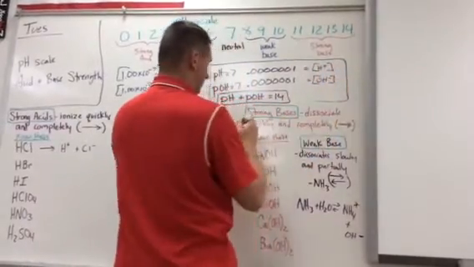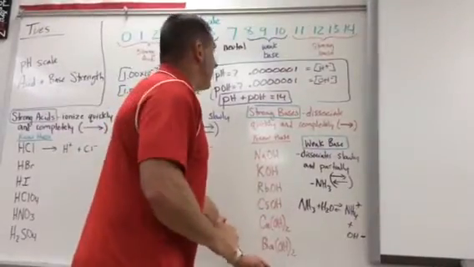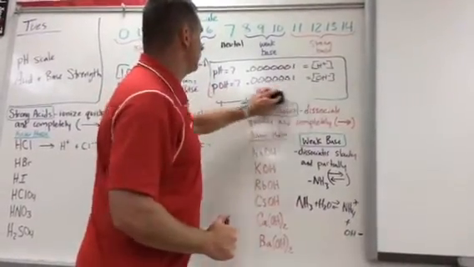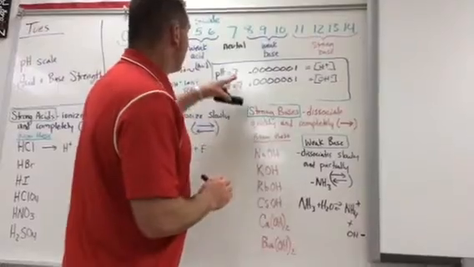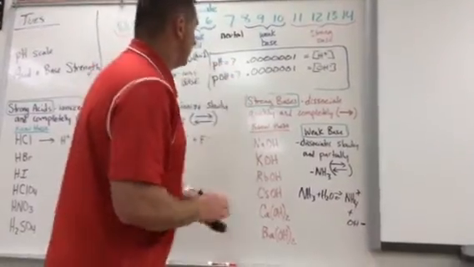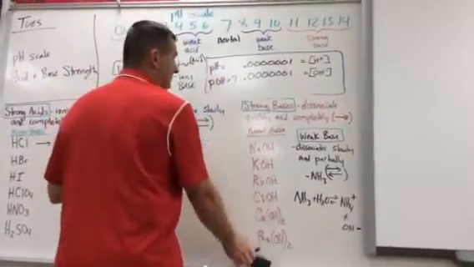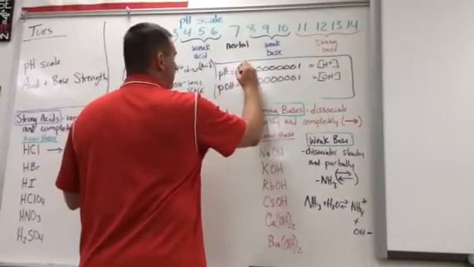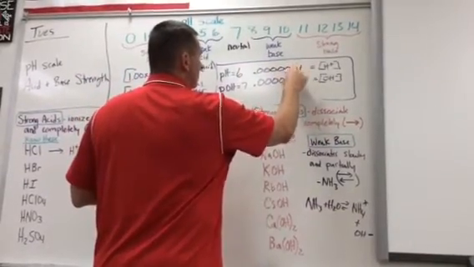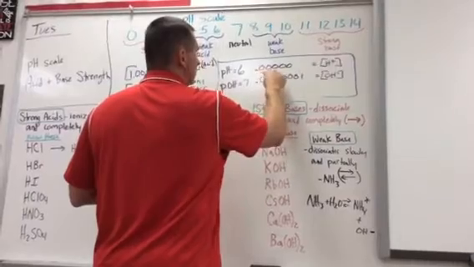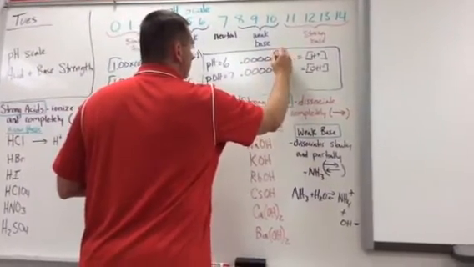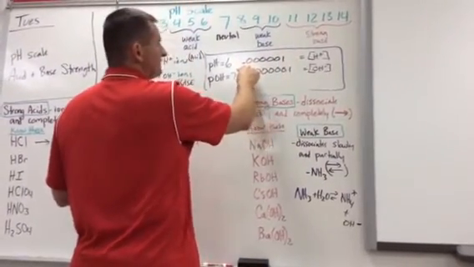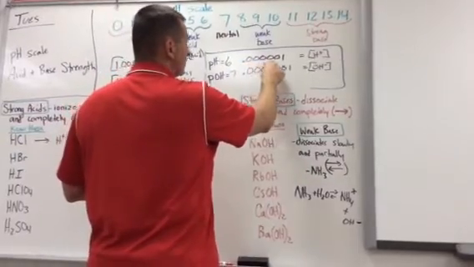Acid ions, base ions. So what does it mean to be an acid? What it means to be an acid is if I have something less than a pH of 7. So if I have a pH of 6, watch what happens to the concentration. Now it's 0.000001. That's 1 times 10 to the minus 6.